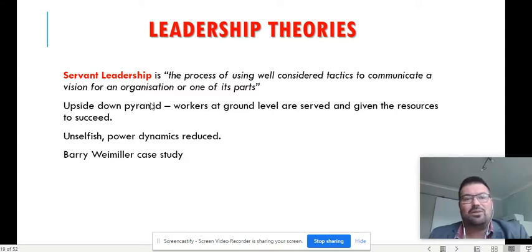Ultimately, it's what is known as an upside down pyramid, where the workers at the ground level are served and given the resources to succeed. Now, there's no real fantastic servant leadership model, but it's unselfish and the power dynamics are reduced. It's not like everyone serves me because I'm at the top. It's supposed to be that everyone serves the person at the bottom level because they are executing the strategy.